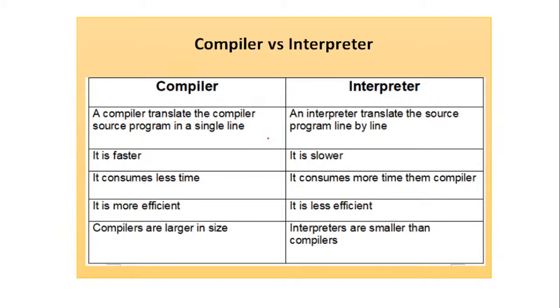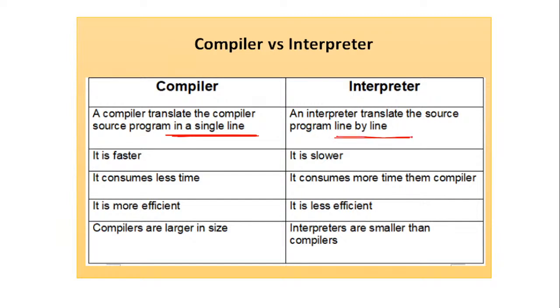When we talk about compiler and interpreter, the compiler translates the source program in a single go. Here also, statement wise, they always try to confuse you. The interpreter does the translation line by line.